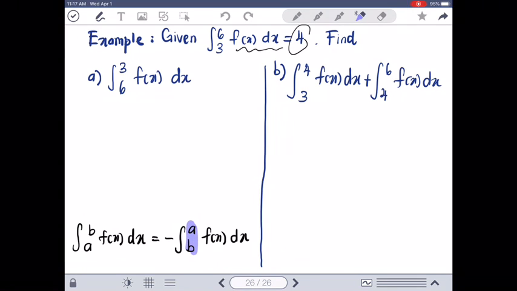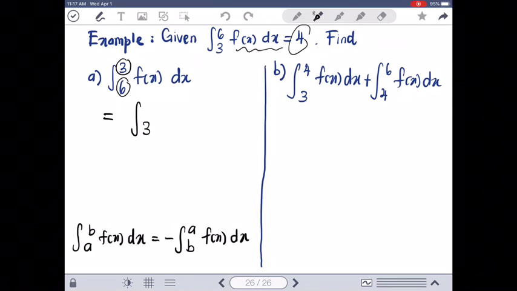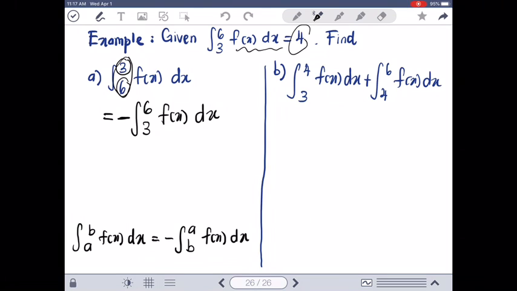So if you want to change the boundaries, you need to add negative. Okay, there. So in this case, since we are searching for integration from 6 to 3, this should be equals to integration from 3 to 6 of the same function with respect to x, but we need to put negative in front because we swap the position of the boundaries.